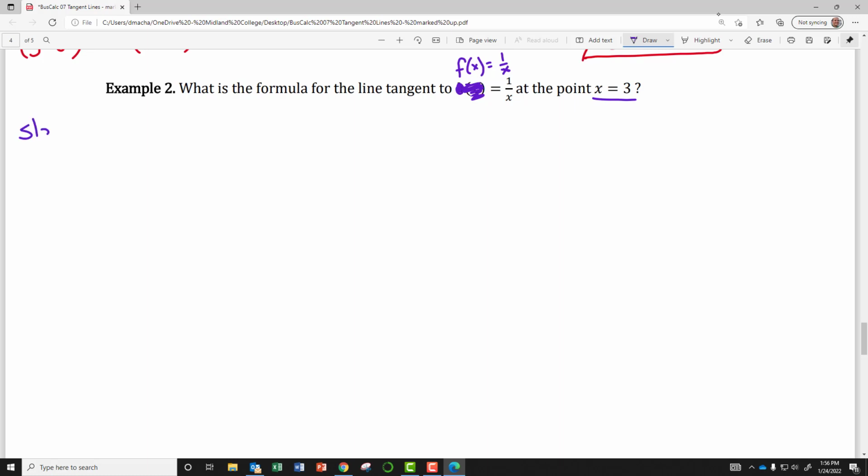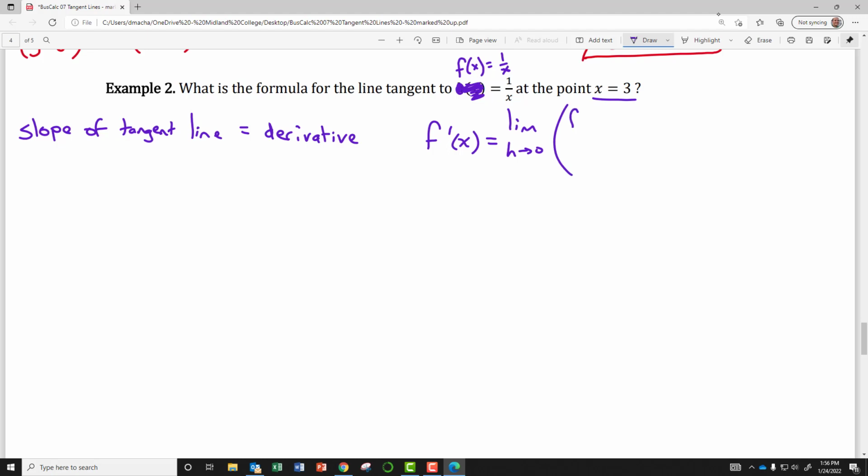If I want the slope of this tangent line, that means I'm going to be taking the derivative. So I will write the derivative here. F prime of x, remember the prime means derivative, is equal to the limit as h approaches 0 of f evaluated at x plus h minus f of x divided by h.